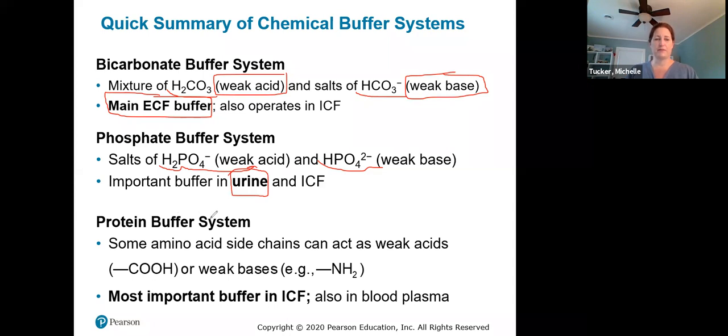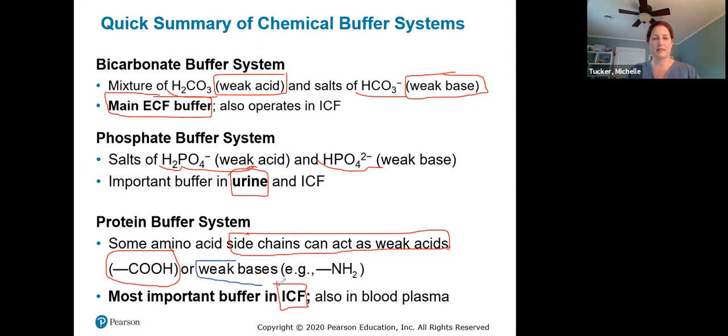For the protein buffer system, it is the most important buffer in intracellular fluid. It is called amphoteric in that its side chains act as weak acids in the case of the carboxyl group, or the side chain that works as the weak base is the amino group because it can accept a hydrogen ion.